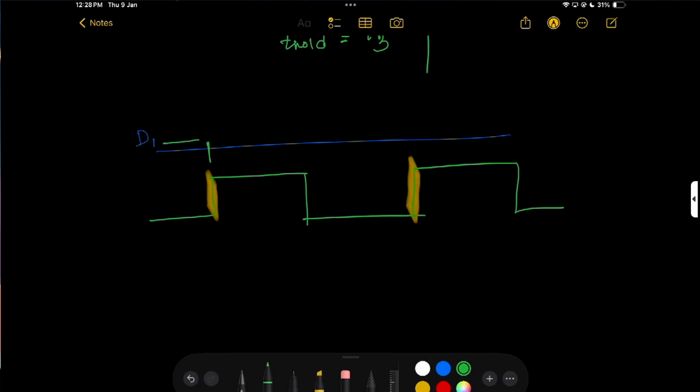Here I check my setup time, and after that I check hold time and setup. It starts from minus infinity, so that my D is always a stable input. Otherwise, circuit analysis will be complex. So for simplicity, I take D1 as always one.